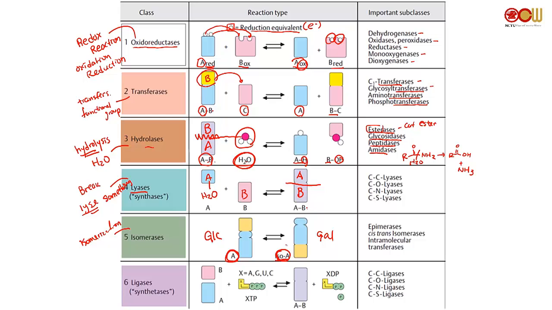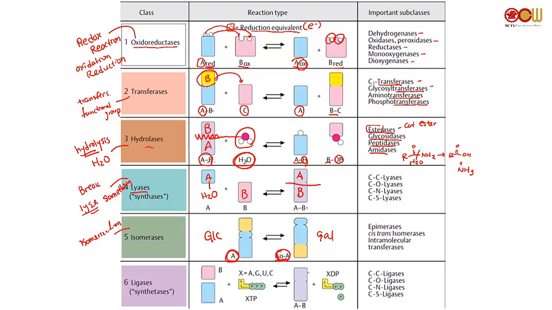Next, we have ligase. Ligase is also something people get a little bit confused. But if you look at the diagram, it's actually fairly simple. Ligase is, in a way, similar to lyase. What do I mean?